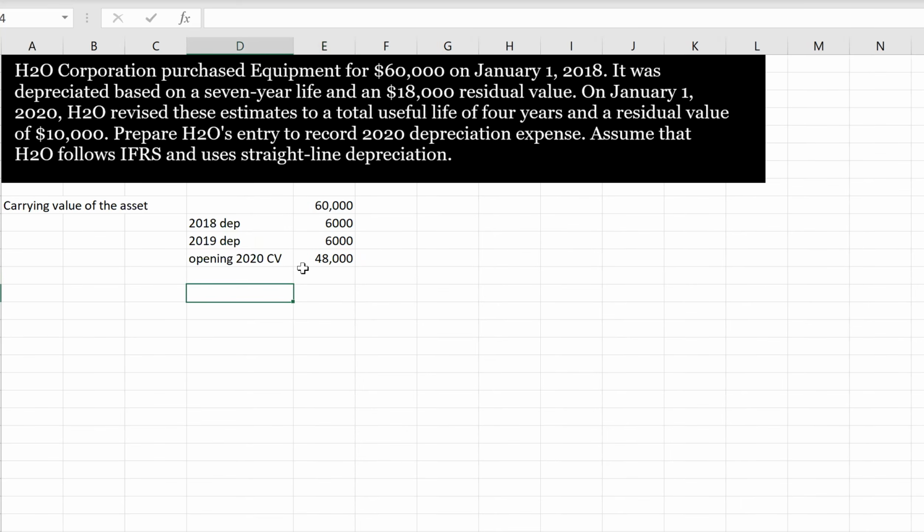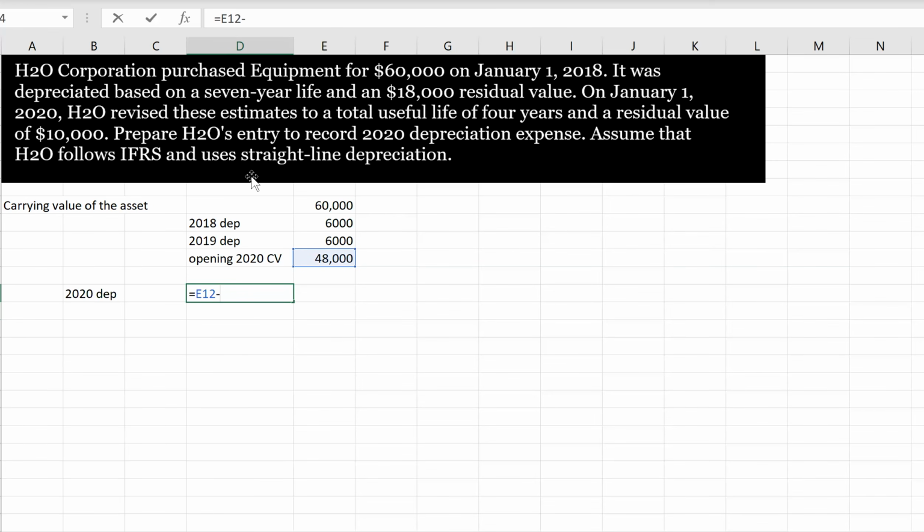So now my depreciation for 2020 is going to be the carrying value of the asset minus my new residual value.